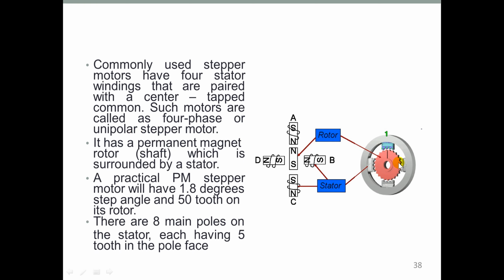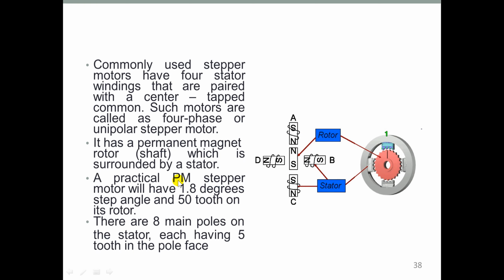Here you can see the single shaft and the four magnets of the stator. We call them A, B, C, D. This is how it rotates clockwise, and if it is rotated like this, it is anti-clockwise. A practical PM stepper motor will have a 1.8 degree stepping angle and 50 teeth on its rotor.